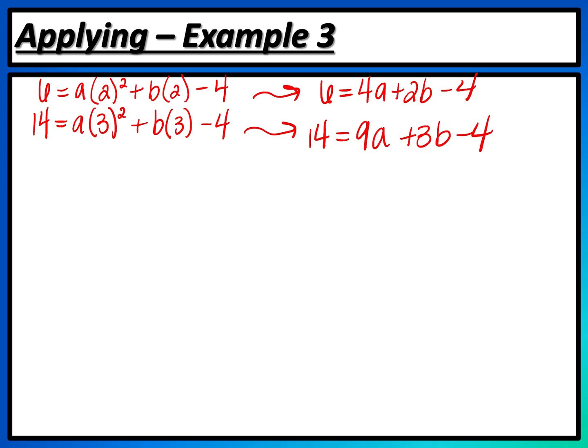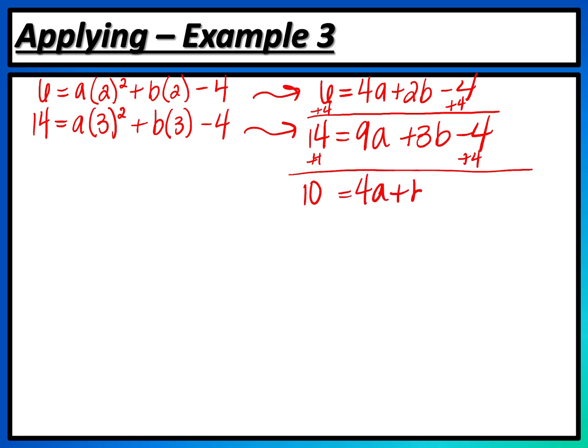Okay, because this minus 4 on the end of each equation, I could move to the left side because I have a number on the left in each one. Okay, so I'm going to add 4 to both of these, okay? I'm trying to do a little bit of solving. I'm moving them to the other side. So I have 10 equals 4a plus 2b, and now 18 equals 9a plus 3b.